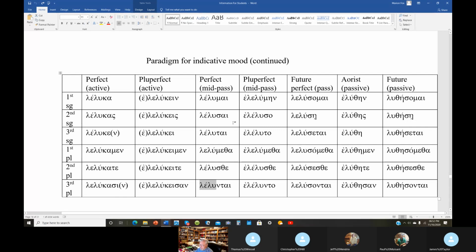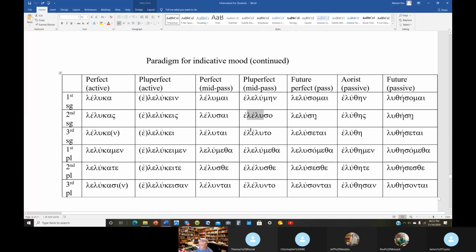Are there questions? And again, now the pluperfect, because it's past tense, what it does is add an augment in the middle passive, and then the ending is mēn. And again, let's take our stem. Remember, it'll be the perfect stem.